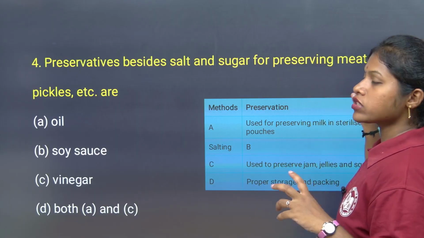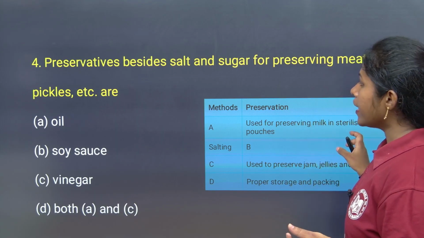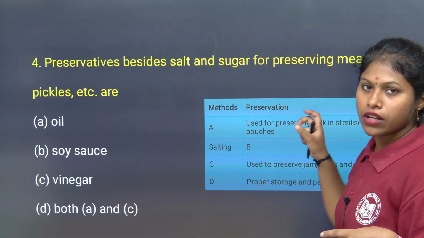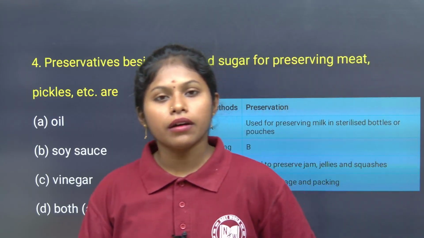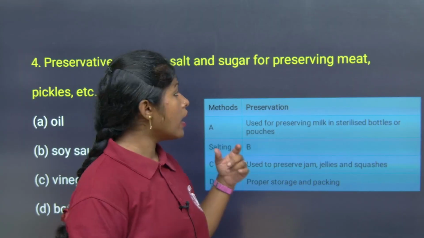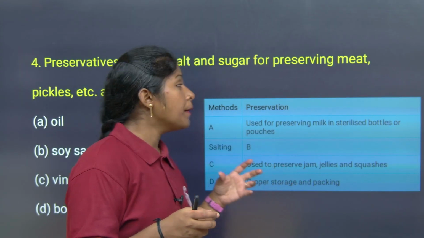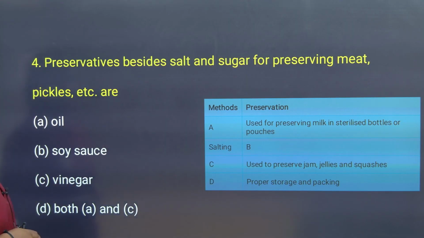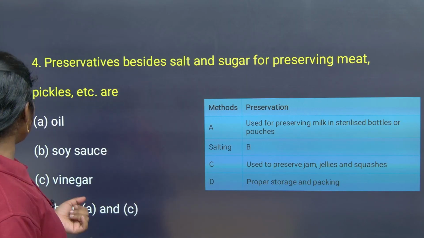For meat mostly we use salt. For pickles we use salt and sugar. For the preservation of jams and jellies we use sugar, and for preserving meat and pickles we use salt. Right, they are asking what else we use besides that.